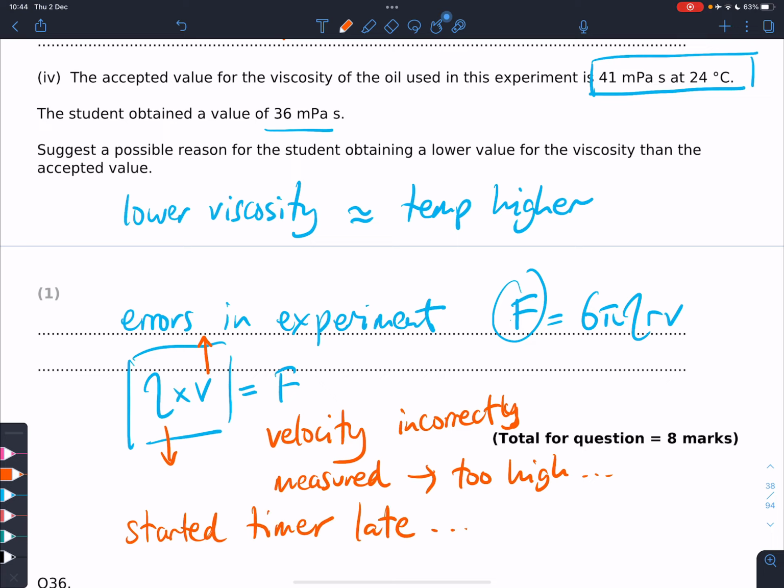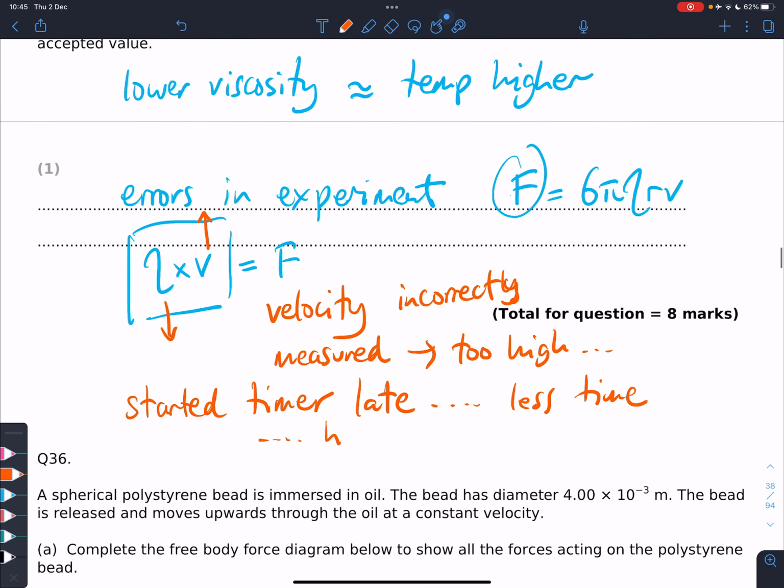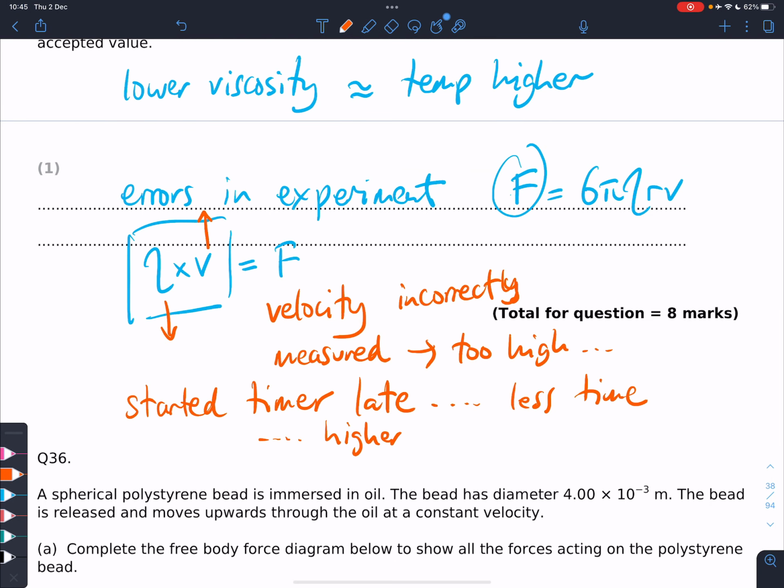Late leads to less time, which leads to a higher velocity than the true value. Right, and that's that.